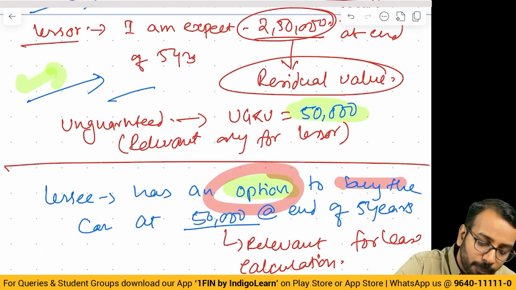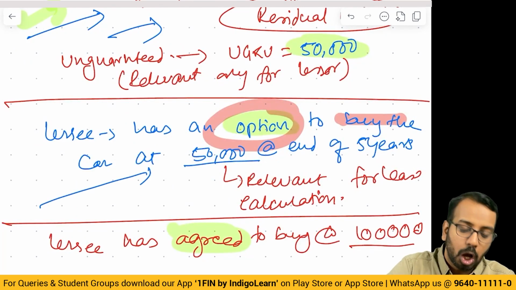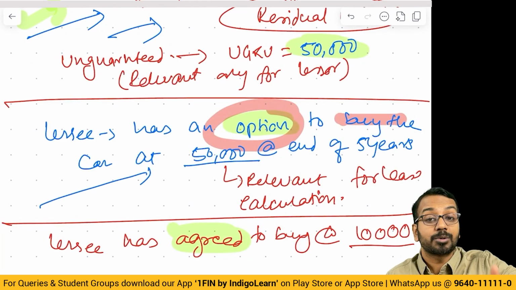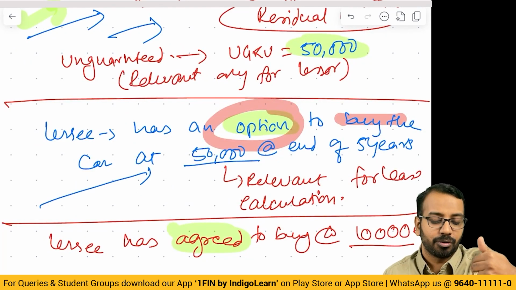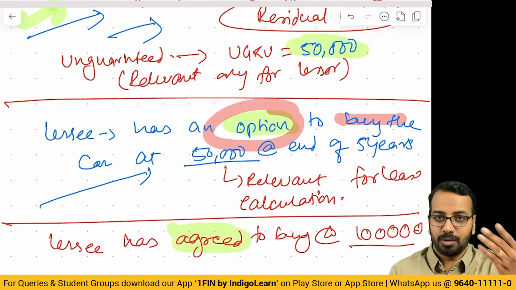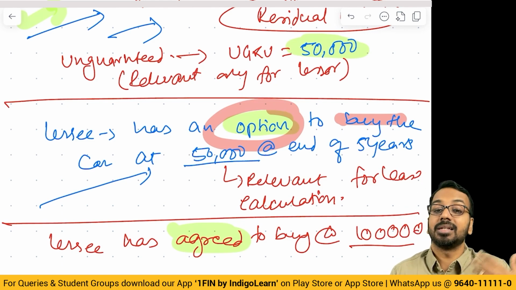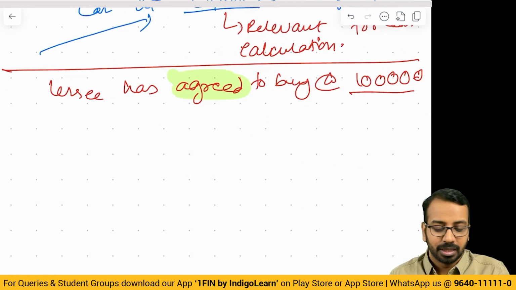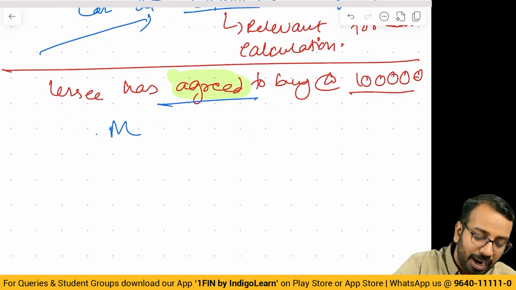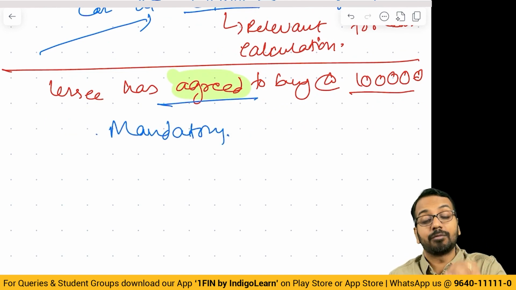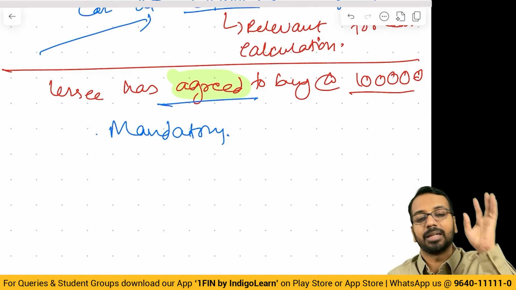Then there is an option to buy, which is optional in the hands of the lessee. If the lessee wants, the lessee can buy; if the lessee does not want, the lessee need not buy. The third one is agreed. This is mandatory, and you have to compulsorily transfer 1 lakh and buy the asset.